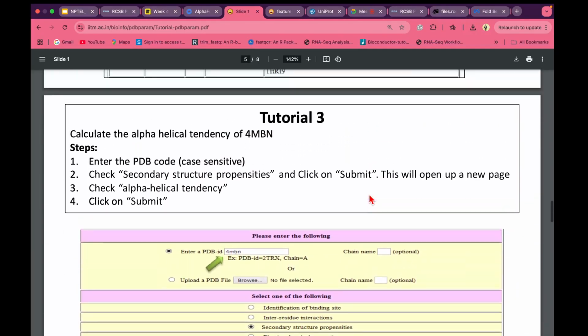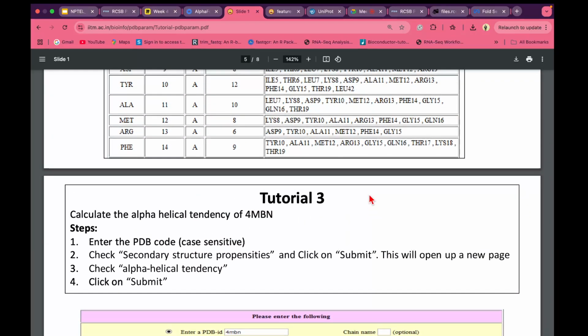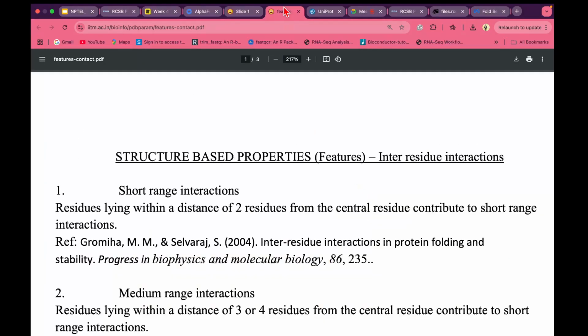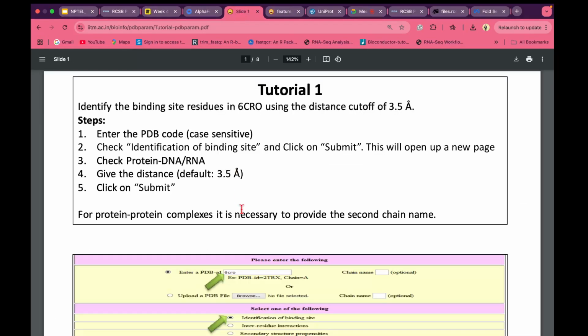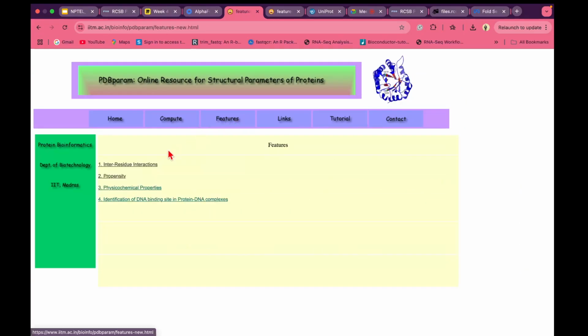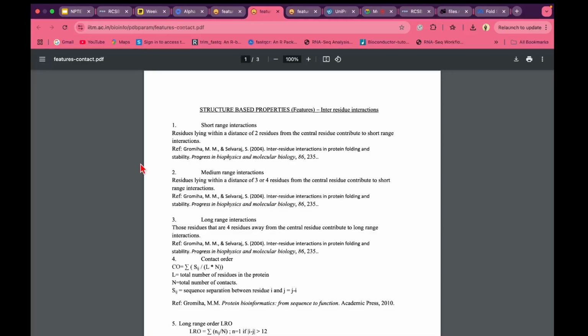Like this, individual inter-residue interaction information will be provided in the PDBparam page, and the formulas on which PDBparam has been constructed are provided under features, inter-residue.